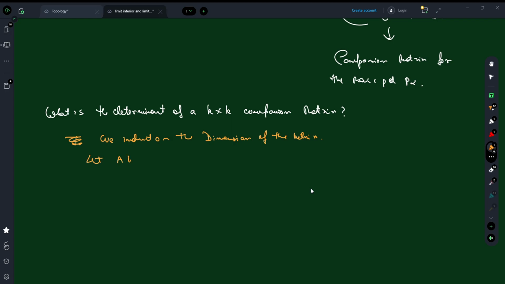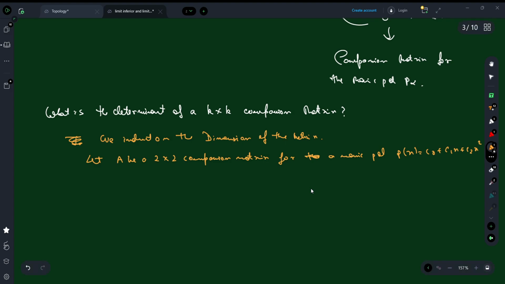Let A be a 2 cross 2 companion matrix for a monic polynomial, say P of x, which will have three coefficients. So let it be c0 plus c1 x plus x square.